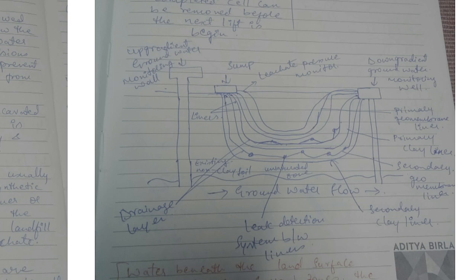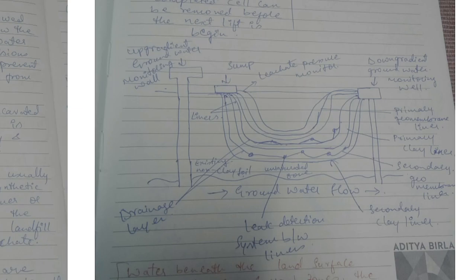In between are the liners. Towards the right side you have the primary geomembrane liner, primary clay liner, secondary geomembrane liner, and at the last, existing non-clay soil and unsaturated zone. Below that is the groundwater flow, and along with the other two liners we have the drainage layers, leak detection system between the liners, and secondary clay liners. So these are the labels of that drawing for your examination point of view.